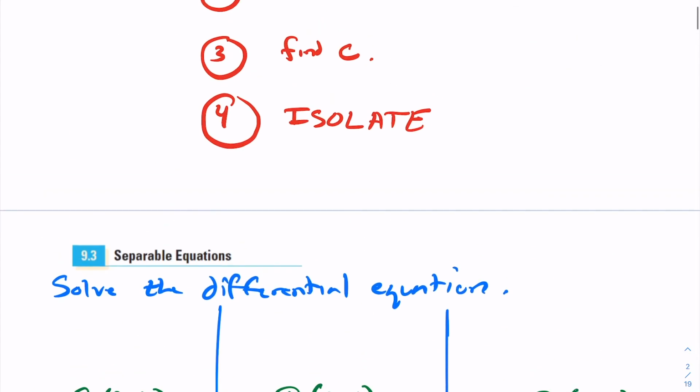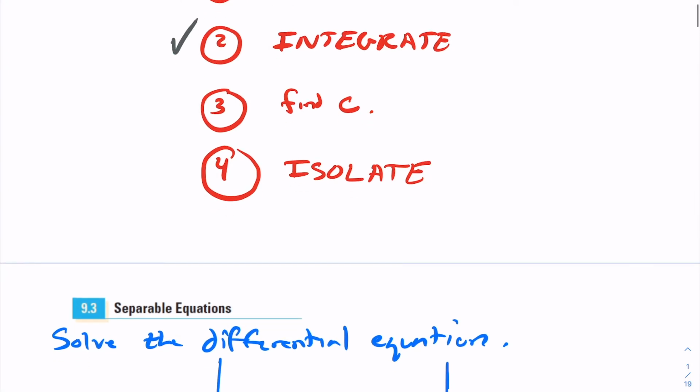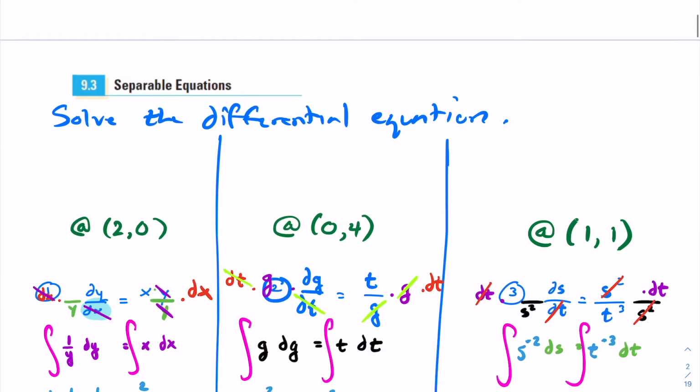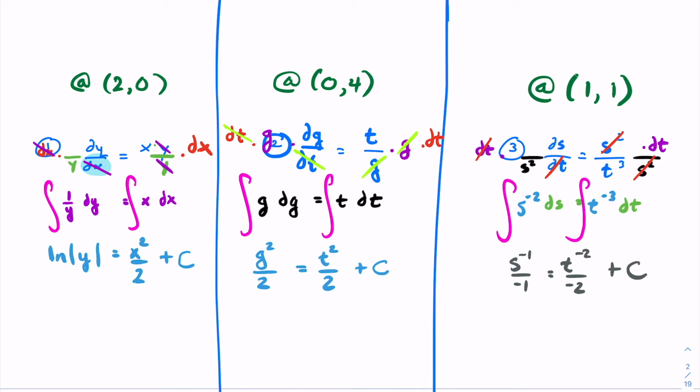Okay, third step. Find c. They tend to give you a condition. They give you a point. Sometimes the point is written like f of 2 equals 0, but just know that that's the same thing as 2 comma 0.